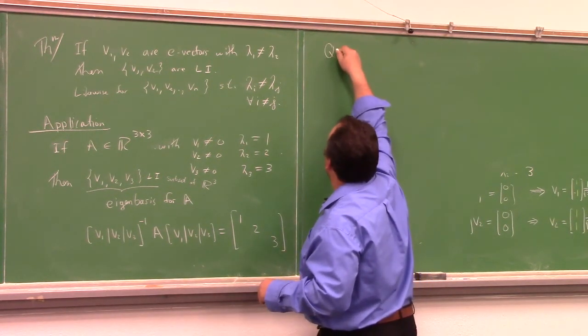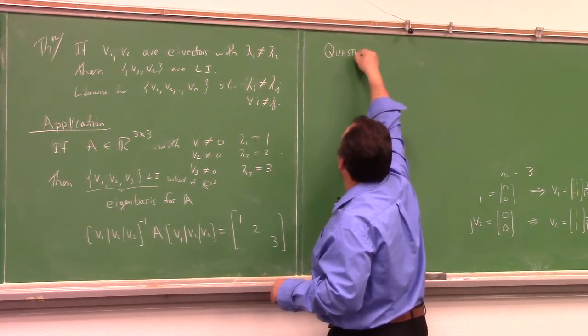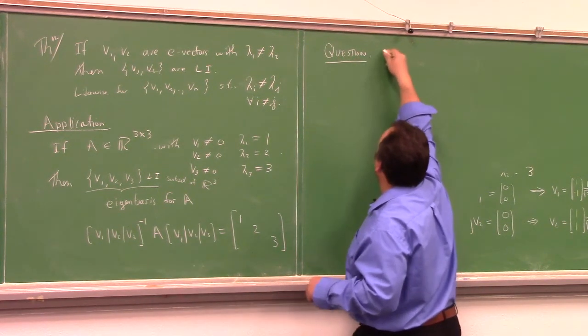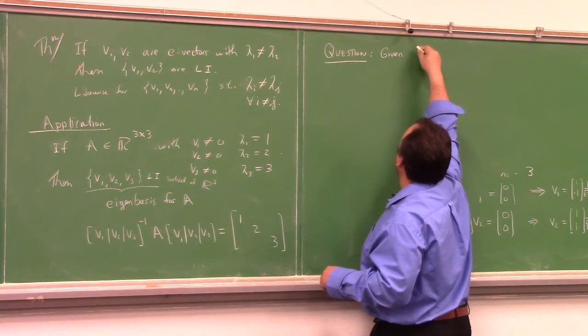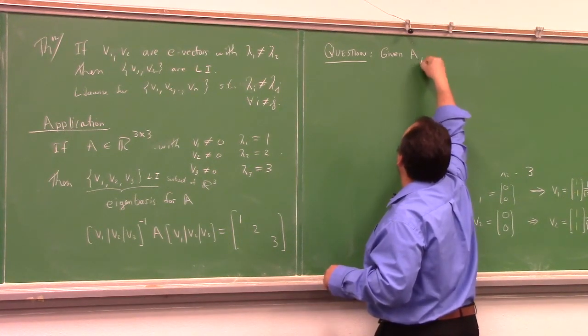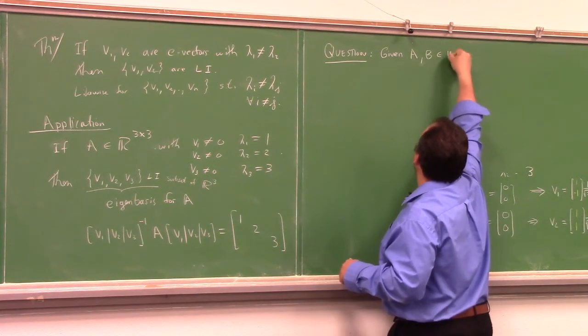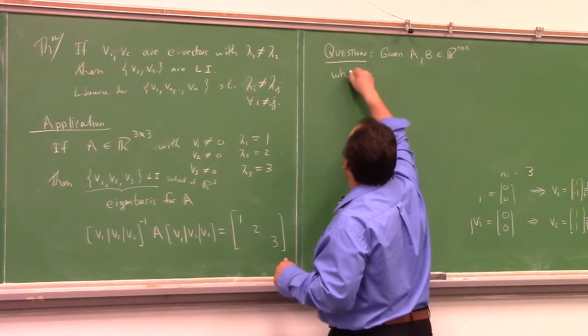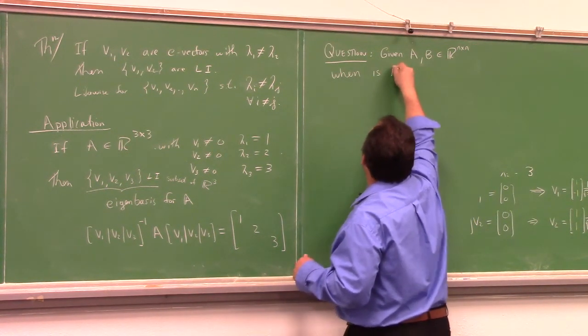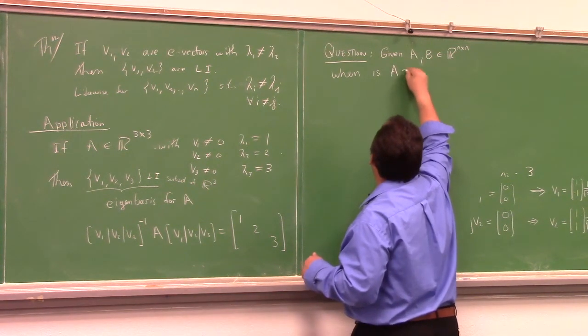Question. Are we defining similarity as the P inverse A P? Right. Given A and B in Rn by n, when is A similar to B?